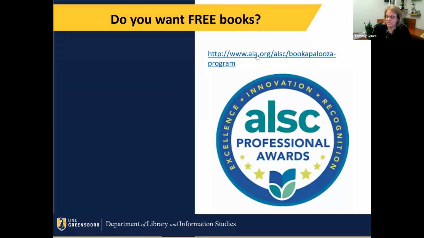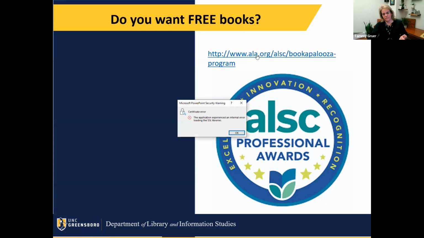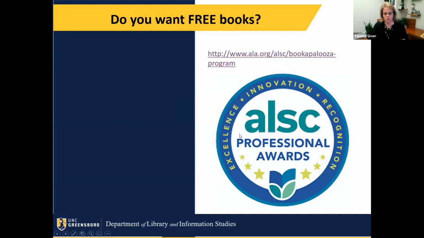Now, I'm not sure if this has started again since COVID, but I did want to point this out: for many of our book awards, all the publishers send books to the committee to read. Instead of the committee just handing those out willy-nilly, they give you the opportunity to apply for and have that collection sent to your library.